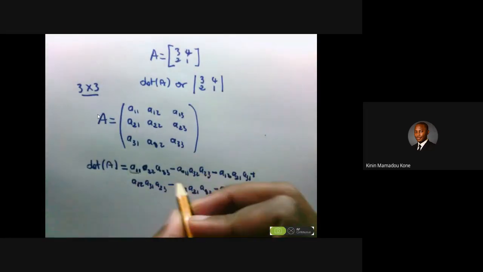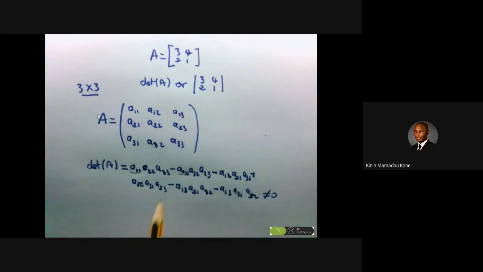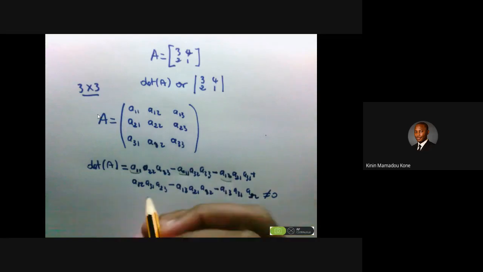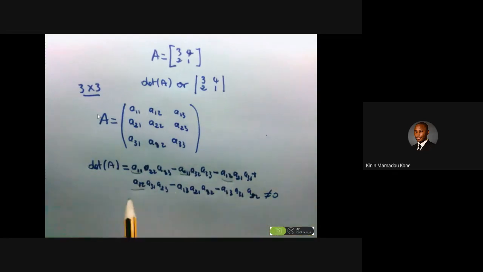A11 here, A11 here. So I can factor out A11. Here I notice that I have A12, A12. I can factor out A12, A13, A13. I can factor that out.